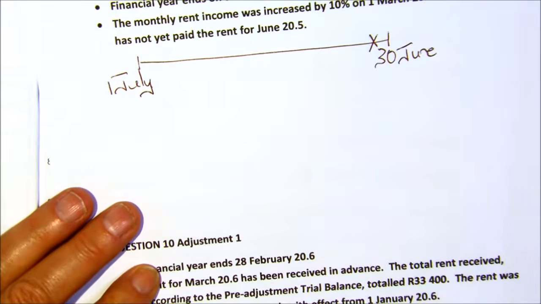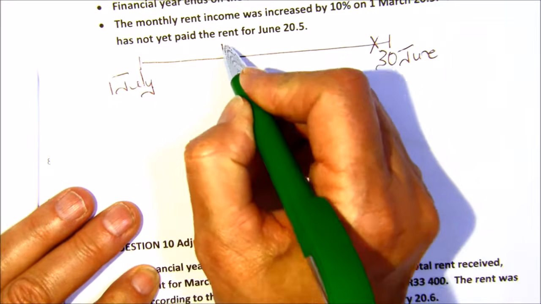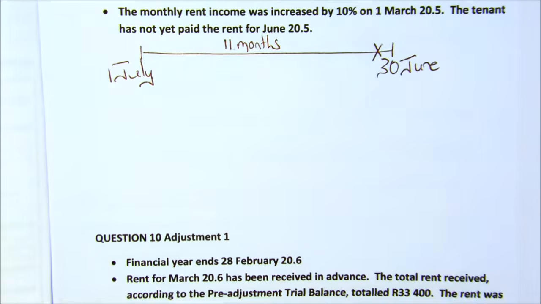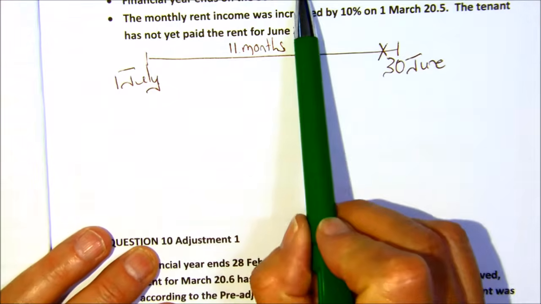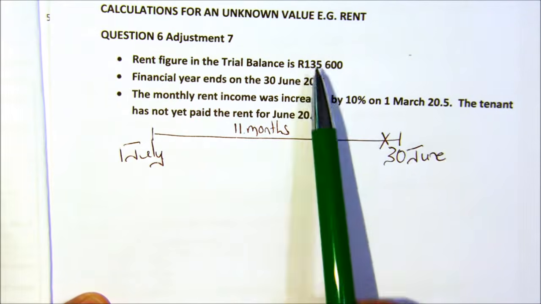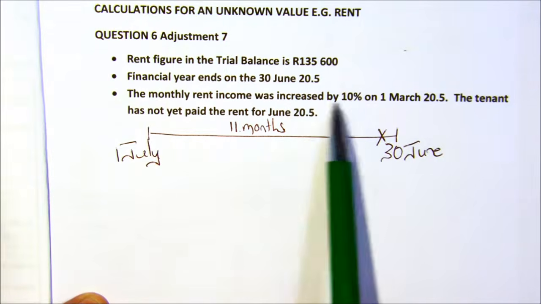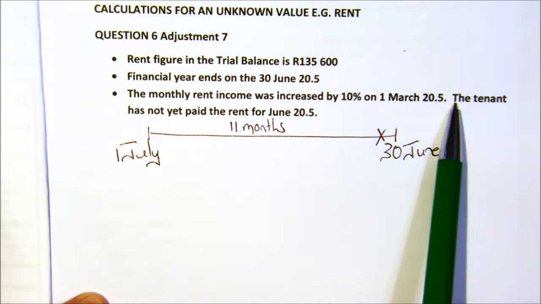So the first thing to work out is that this rent has only been paid for 11 months. But now, we can't just take this 135,600 and divide it by 11, because it was increased by 10% on the 1st of March.